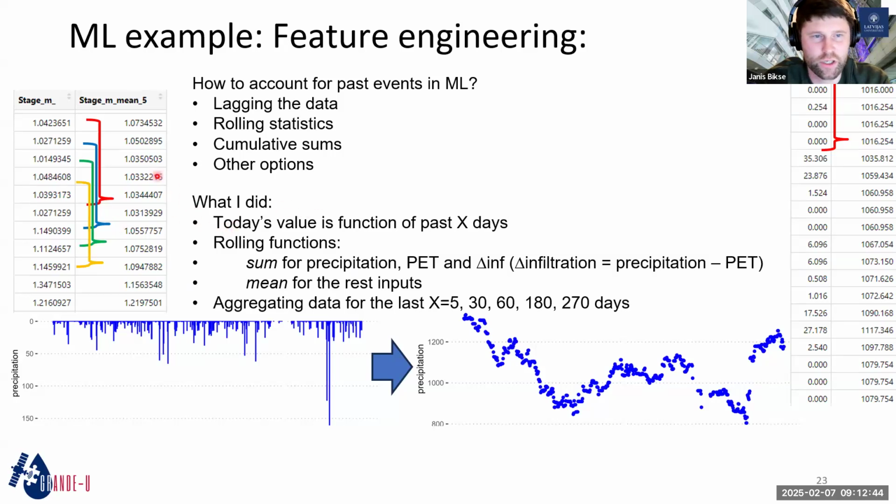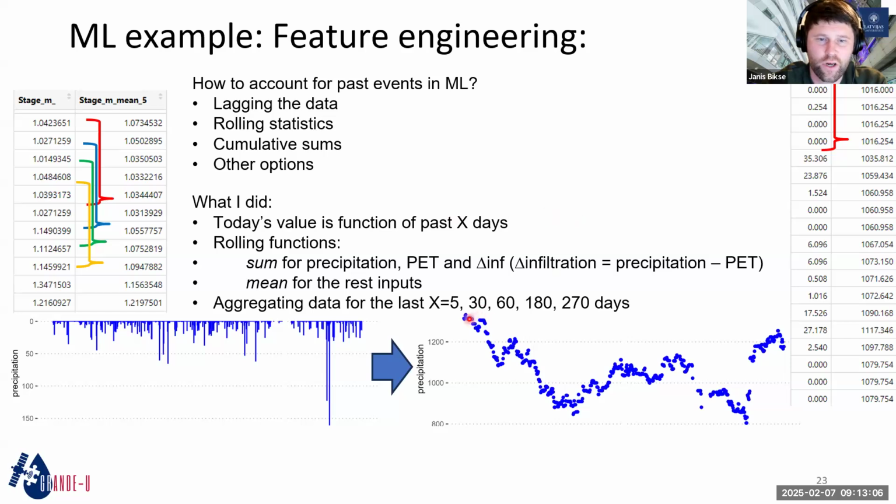So you can see that's the reason why it's called rolling function or rolling statistics: it's rolling through my data table and making new variables based on the previous ones. And we can do that for all the variables and for different lengths of the window. We call this the rolling window.